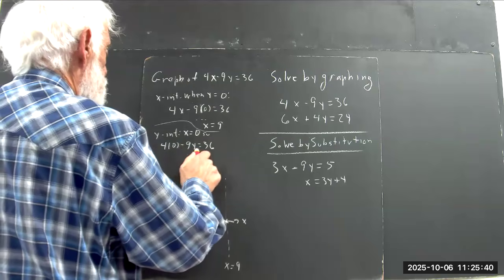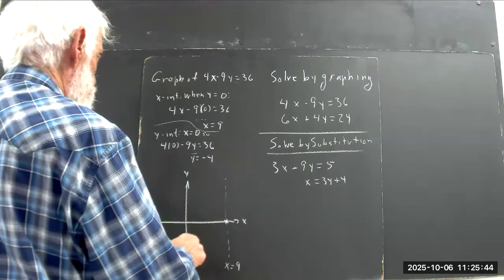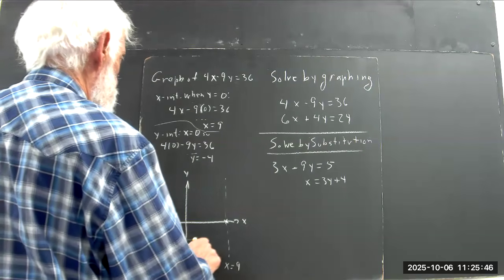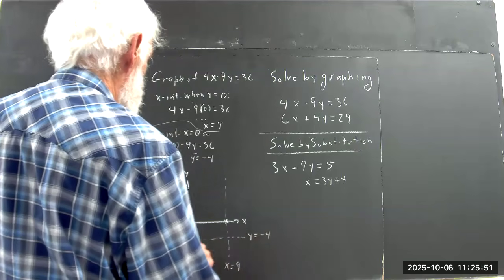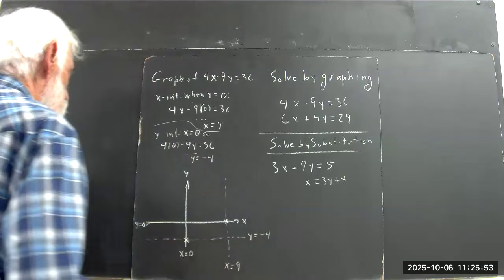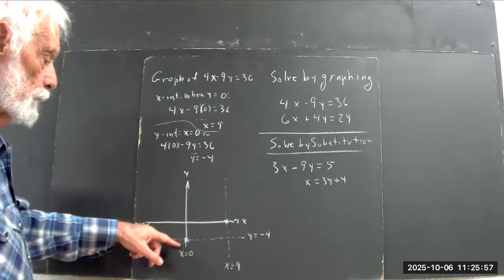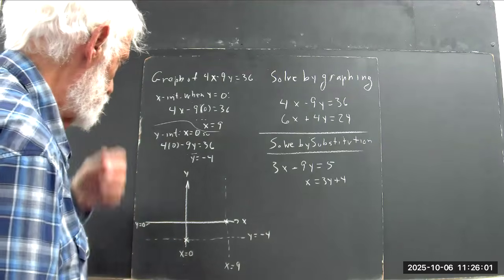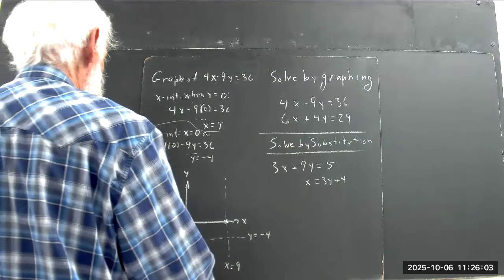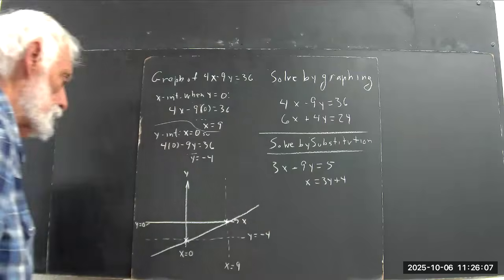Then you divide both sides by 9, you get y equals -4. So I'm going to draw a line across here and label it y equals -4 and put a mark here on the y-axis 4 units below the origin. And that gives me 2 points that I can connect with a straight line.